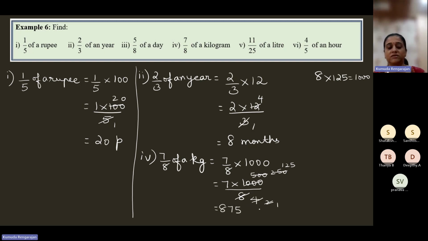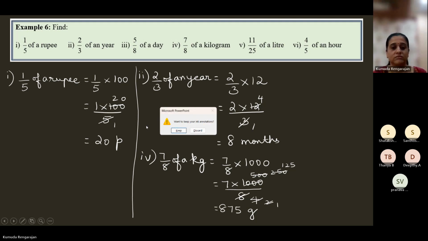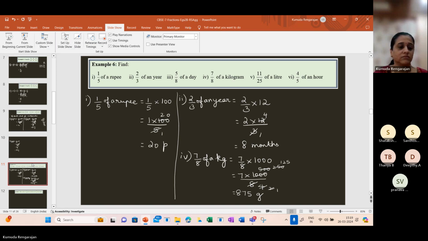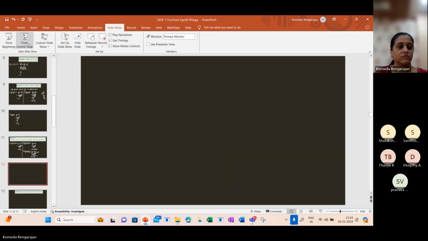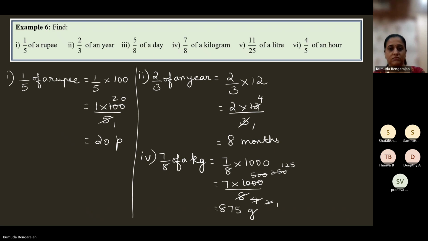And what is the unit? 875 grams. Grams. The third one, 5 by 8 of a day.